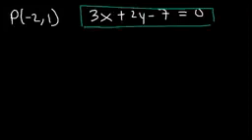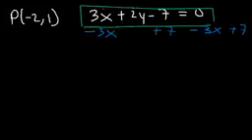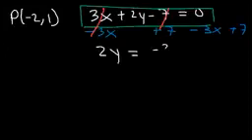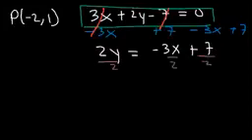So let's move the 3x and the 7 to the other side. Let's subtract both sides by 3x, and let's add 7 to both sides. So 2y is equal to negative 3x plus 7. And now let's divide each number by 2.